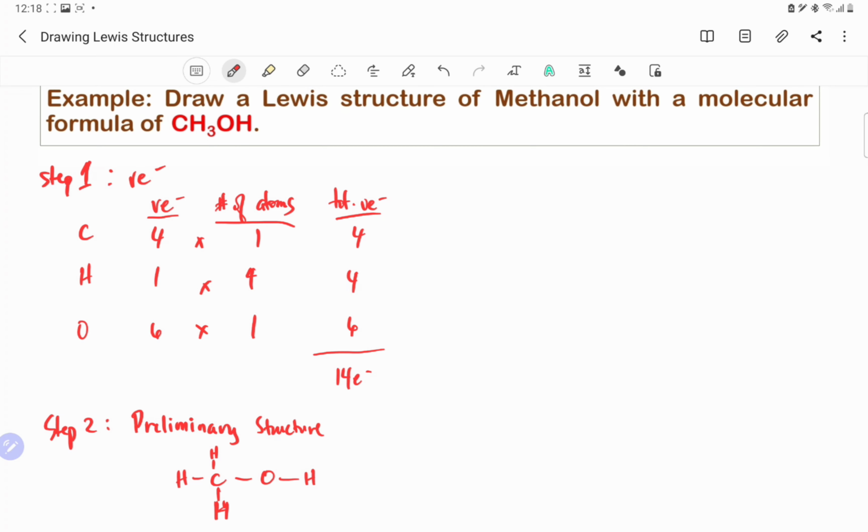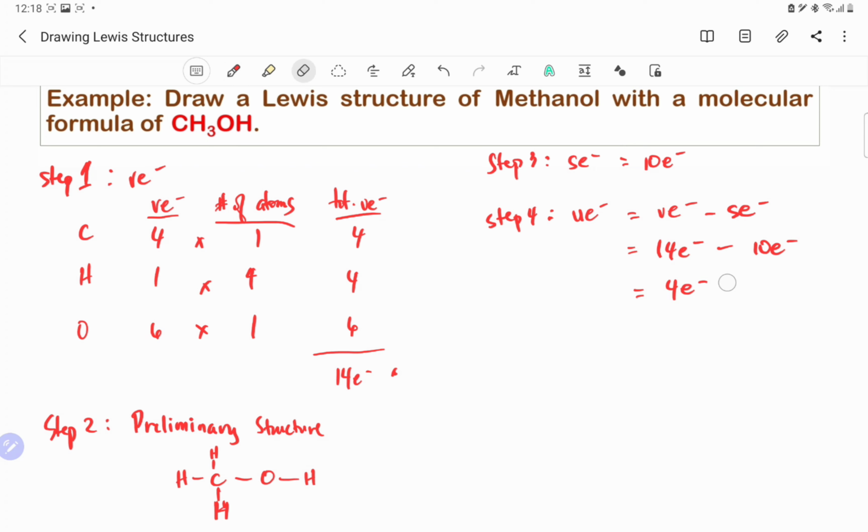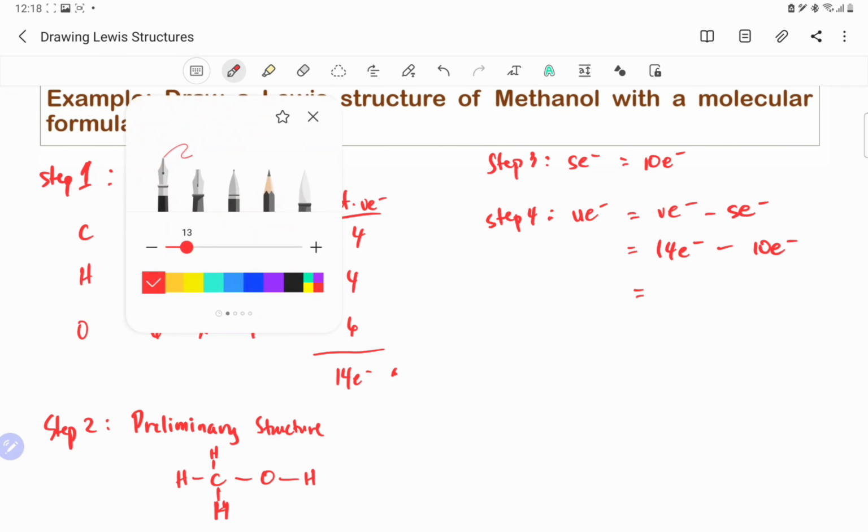Step 3 is the shared electrons. How many? 1, 2, 3, 4, 5 times 2, 10 electrons. Step 4, we compute the unshared electrons. Valence electrons minus shared electrons: 14 electrons and shared electrons of 10, giving you 4 electrons that are unshared.